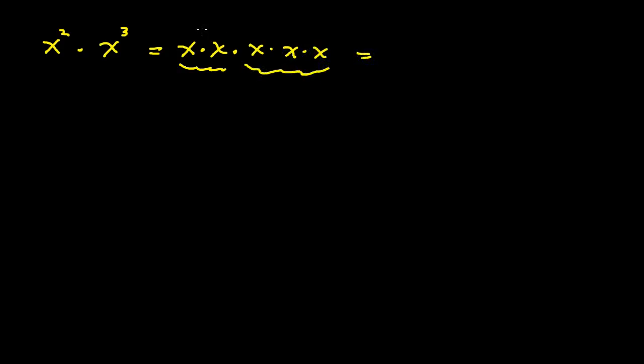I'm going to have 5 factors of x all being multiplied here, and by the associative law I can multiply these factors in any order I like, so this is equivalent to x to the 5th power.